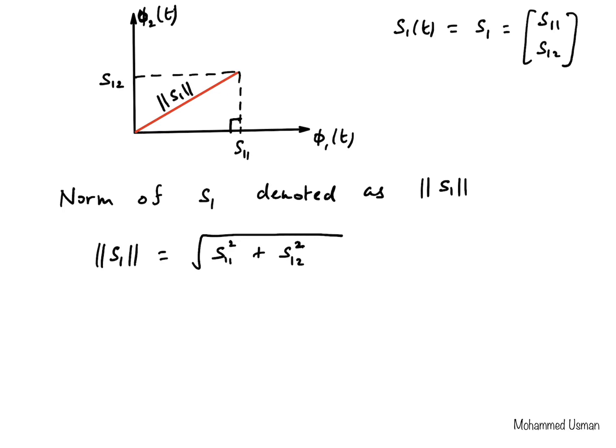That's the length of the line. The hypotenuse squared is equal to the adjacent squared plus the opposite squared, so since the hypotenuse is not squared now, we take the square root. Once we have the signal represented as a vector, we can compute the length of that vector using these elements.